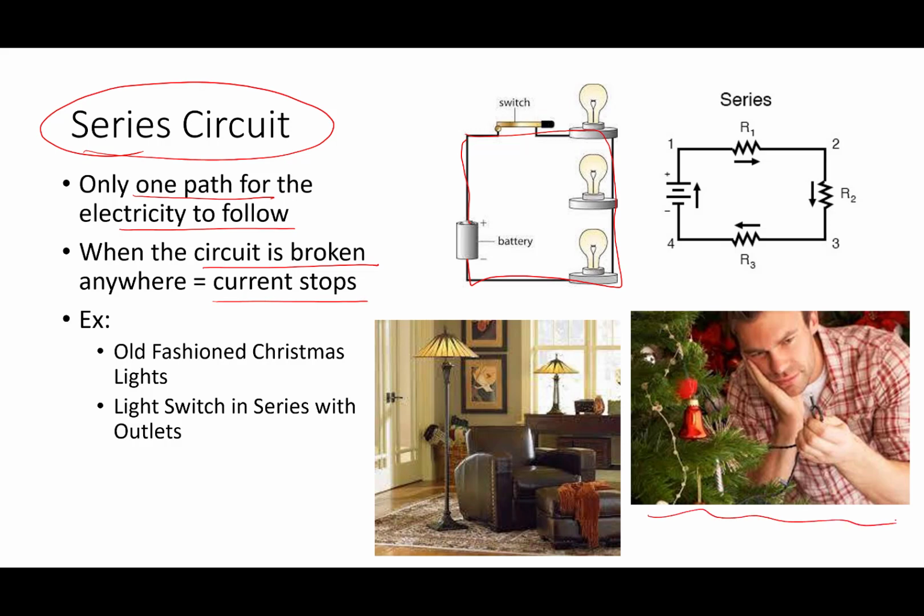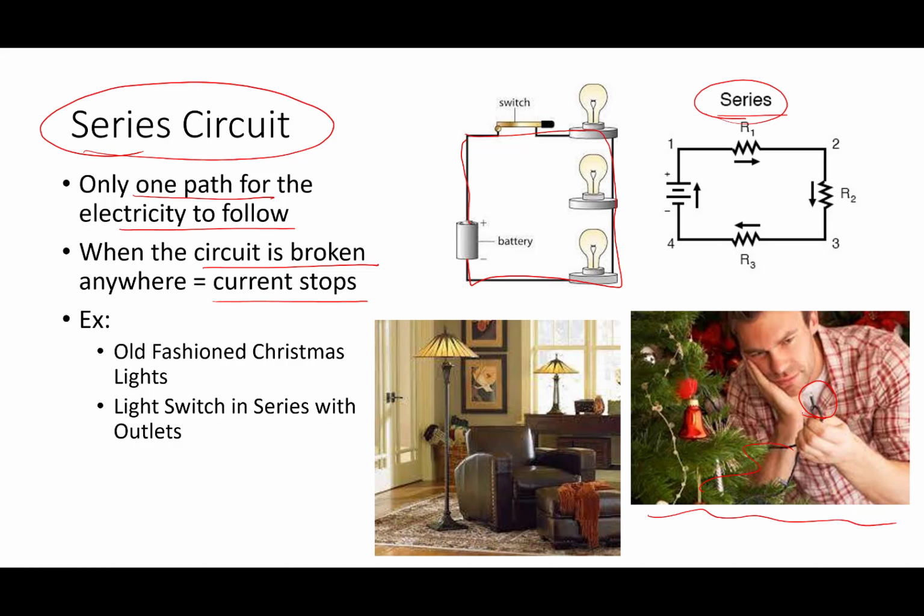Some Christmas tree lights are wired in series. If one bulb goes out, the whole part of the string that happens to be wired in series with that one crazy bulb goes out. I get frustrated when I deal with series Christmas tree lights, and I usually throw them in the garbage can. My husband has the patience to go through and fix them, but I don't.